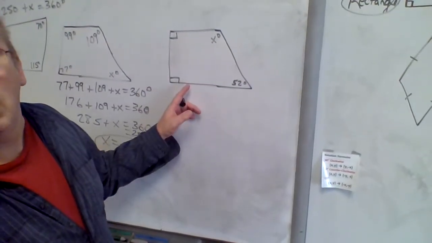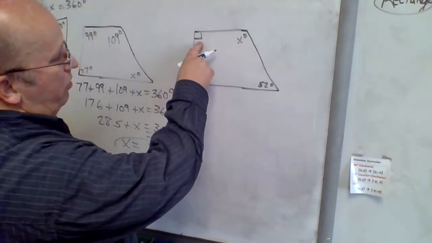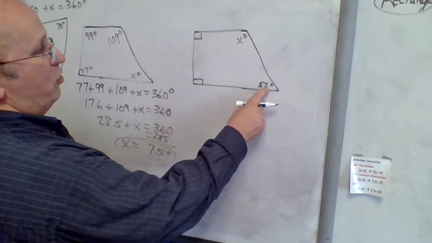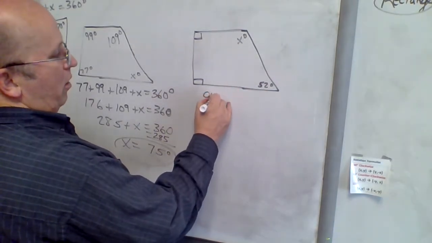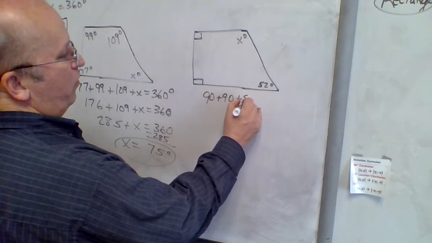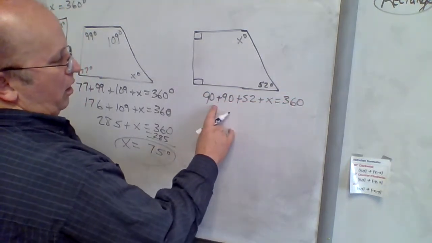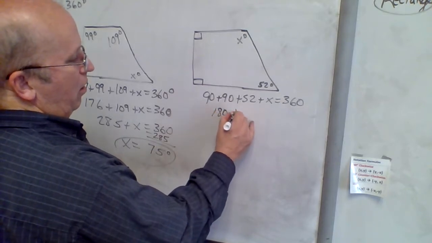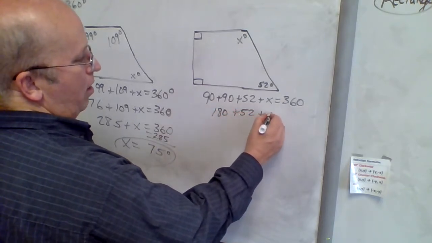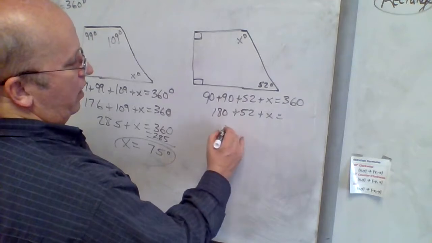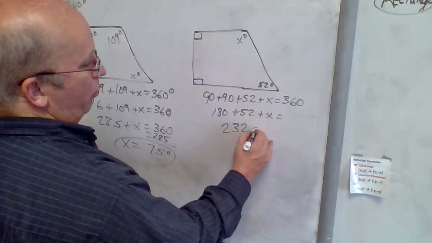Let's try it with this one. We've got 90 degrees, 52, and x. 90 plus 90 plus 52 plus x equals 360. This is 180. These two added together make 232.